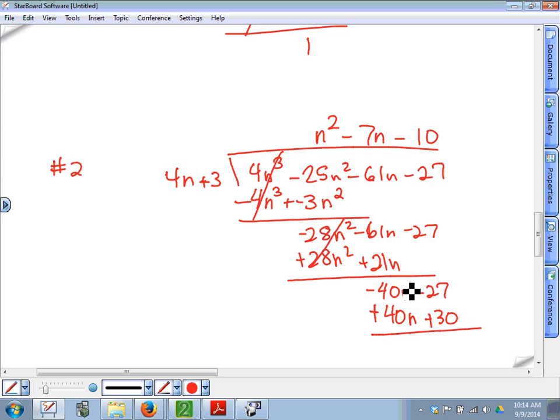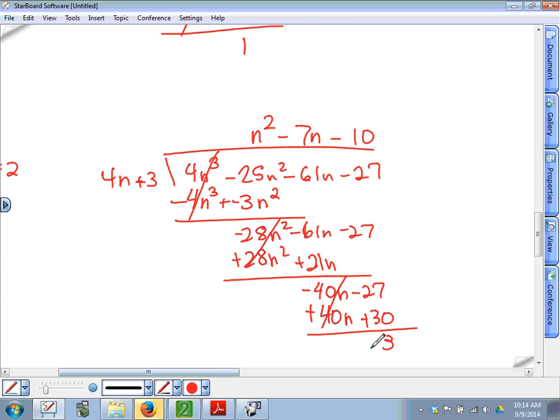Draw the line, switch the signs. 40s are gone. Negative 27 plus 30 is 3. So that's your remainder. So to answer the question, this is your quotient up here: n squared minus 7n minus 10 plus the remainder of 3 over 4n plus 3.